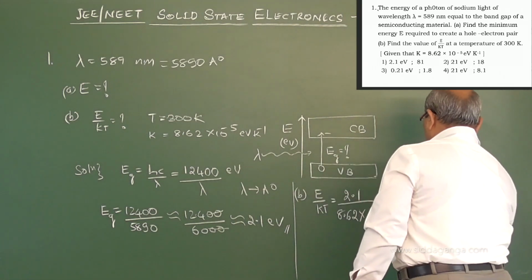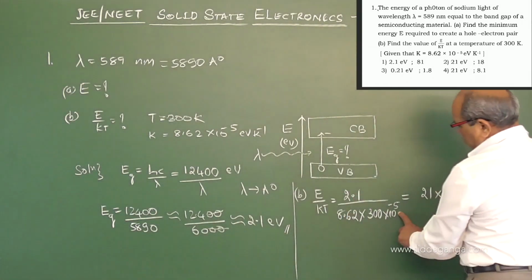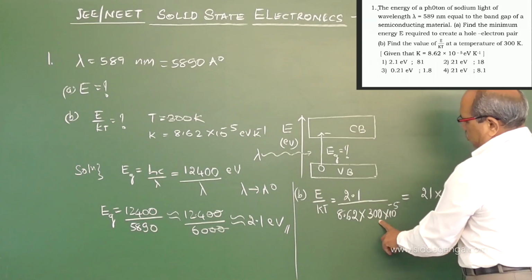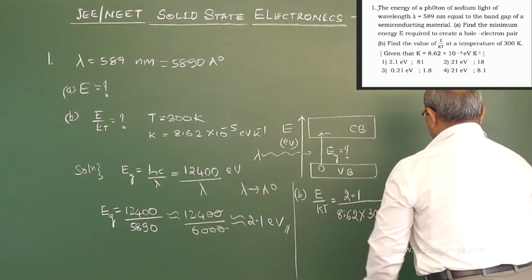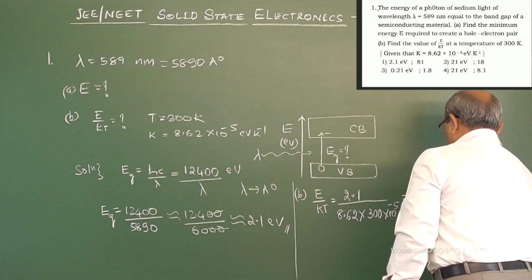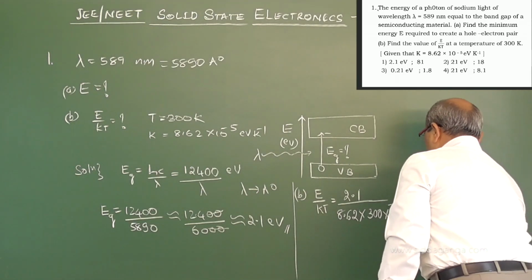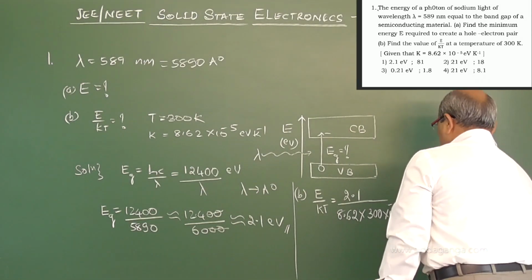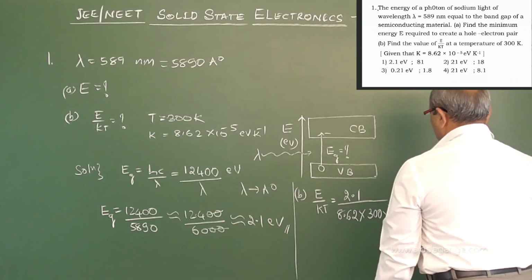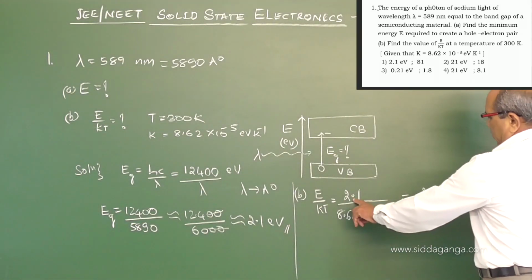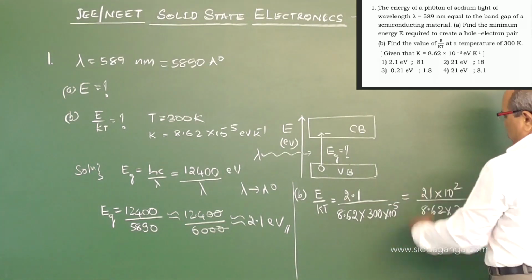Suppose I make it 21, one 0 cancels 4 and these two cancel 2, so I can write 21 into 10 power 2 divided by 8.62 into 3, because 2 and 1 cancel when you take it to the numerator.